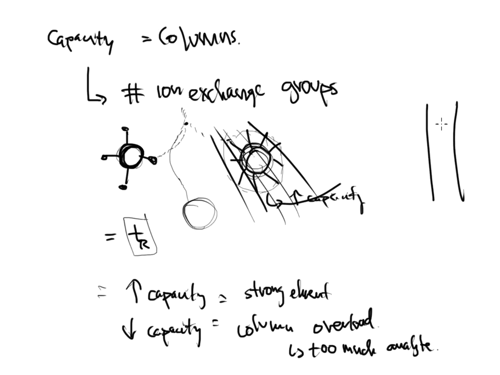And what will happen is that this sample gets injected, and all of these components will go right through the column. They'll get no retainment at all. And that's because there's nowhere for them to go. All of these sticky fingers that are sticking up off of these particles, they're all taken. And because they're all taken, they have nowhere to go but through the column and out.